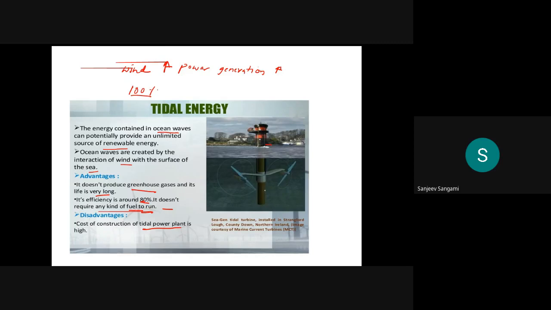You can see the pipeline is there, and you can see the blades. When the tidal waves hit these blades, they start rotating like this. Once it starts rotating, we have a generator inside and you are going to generate the power. It's a very simple concept.